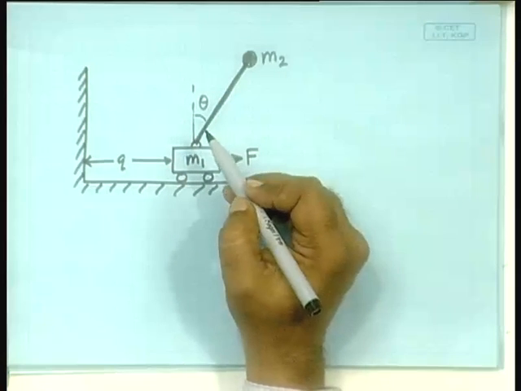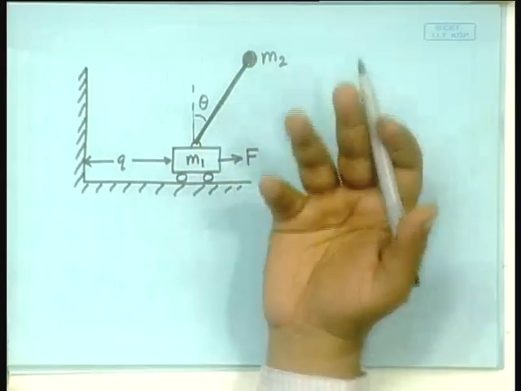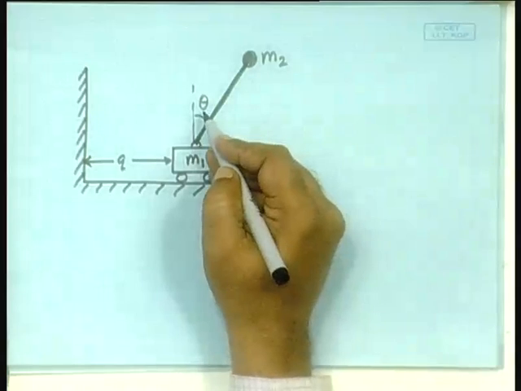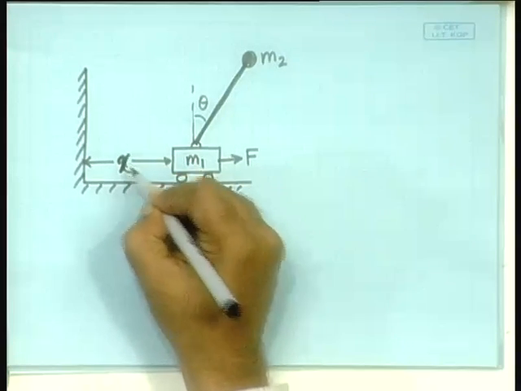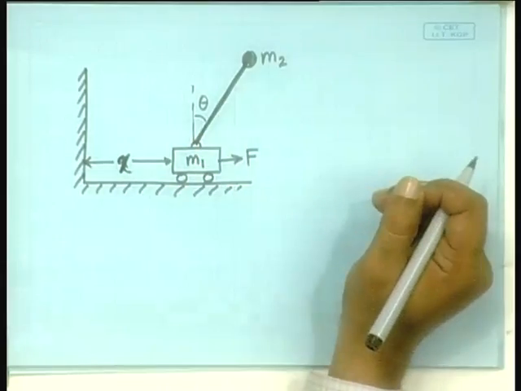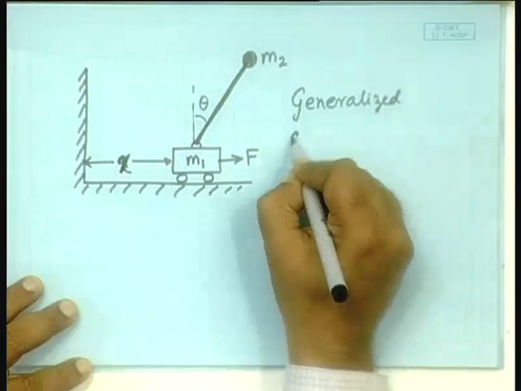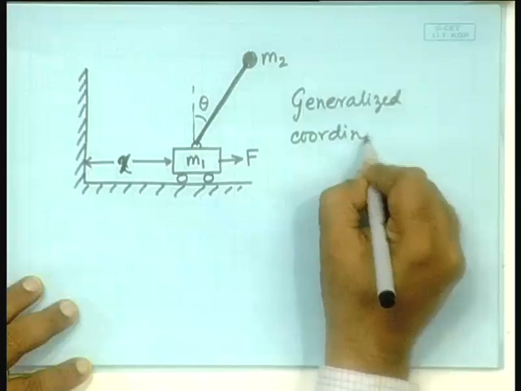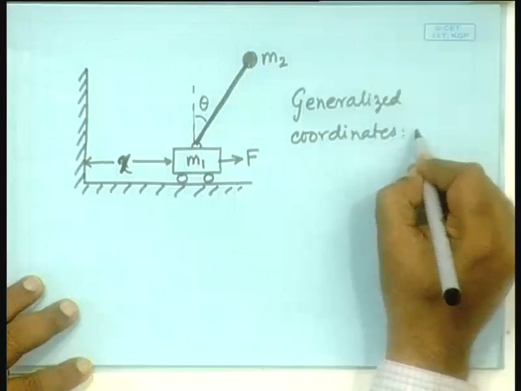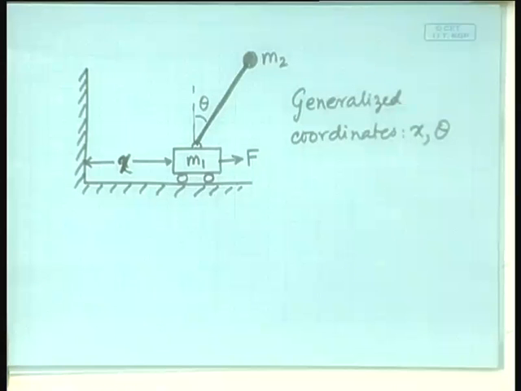Either you call this q1 and this q2, or if you want to retain the physical things, let us call them x and theta, then it would be easier. But in our case, it is essentially q1 and q2, two position coordinates. Now, we are all set to write down the differential equation. So, the generalized coordinates in this case are x and theta. Fine.